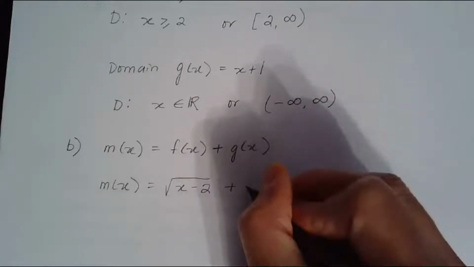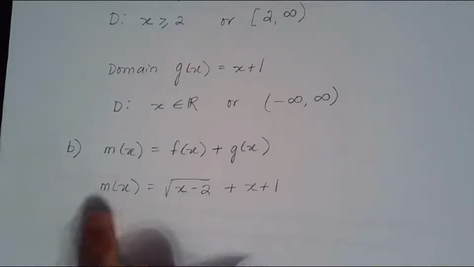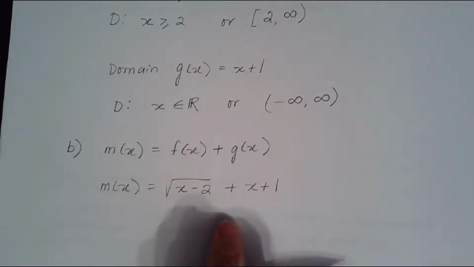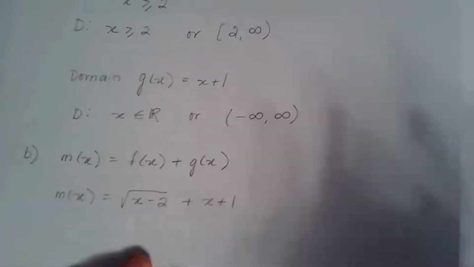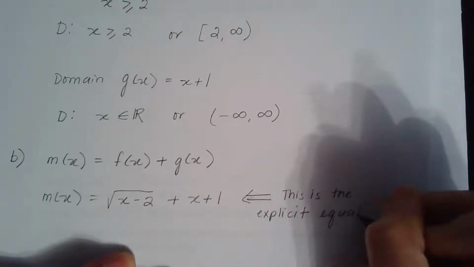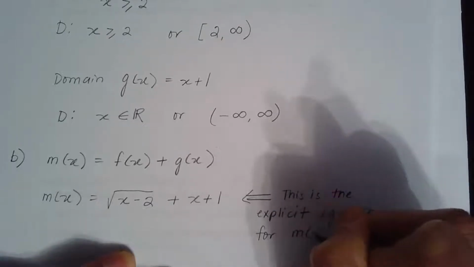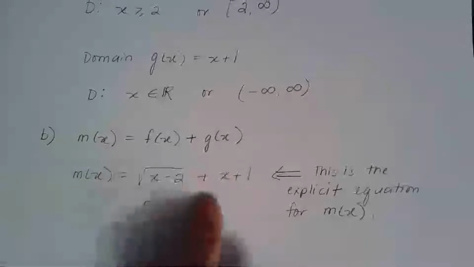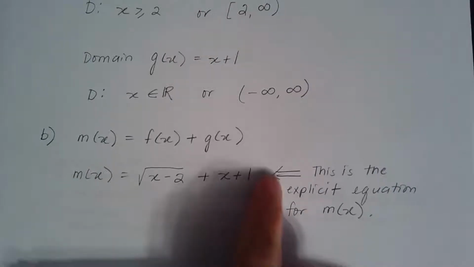We know g of x is x plus 1. So here is the explicit form of the function m of x. Using that information, we're supposed to write down the domain of m of x.